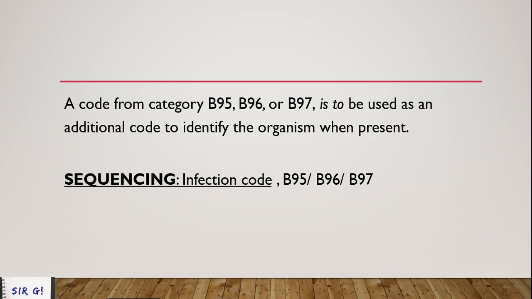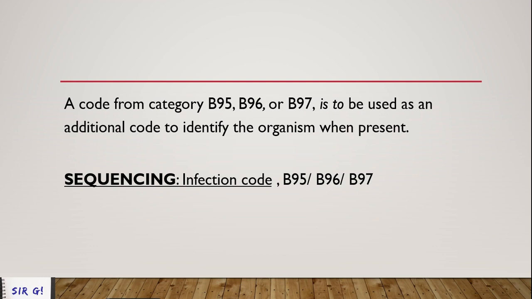Okay, so the sequencing, as I mentioned a while ago: if you have an infection due to a certain organism, your code first is the infection or the condition of the patient, followed by the code for the causative agent, which is B95, B96, or B97. Guys, in my slide it shows B95, B96, B97. You cannot code them all unless all are present.